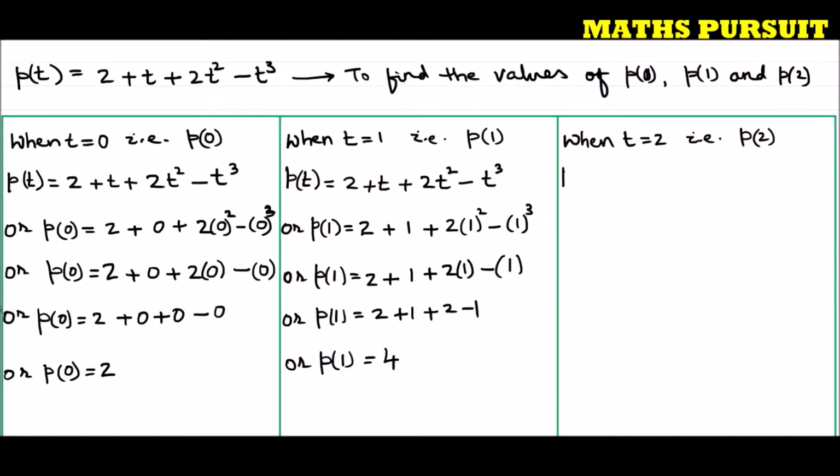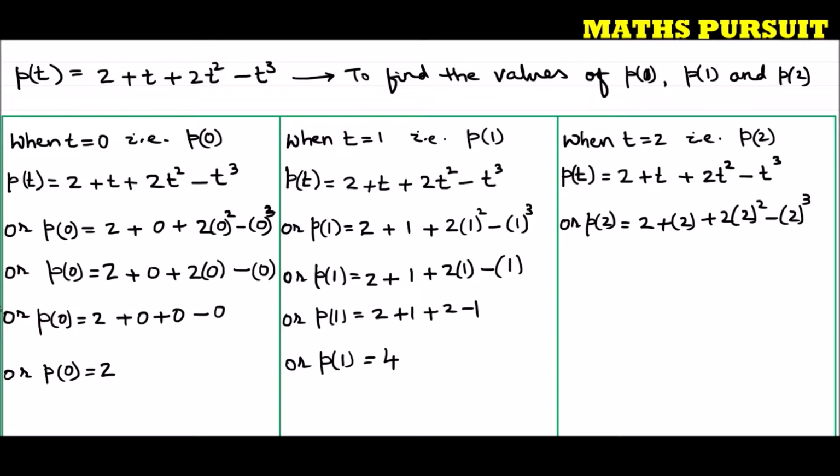Similarly, here P(t) = 2 + t + 2t^2 - t^3. Just putting the value of t as 2, I can write P(2) = 2 + 2 + 2(2)^2 - 2^3. Guys, I believe we are very clear what I am doing here, just replacing the value of t by 2.